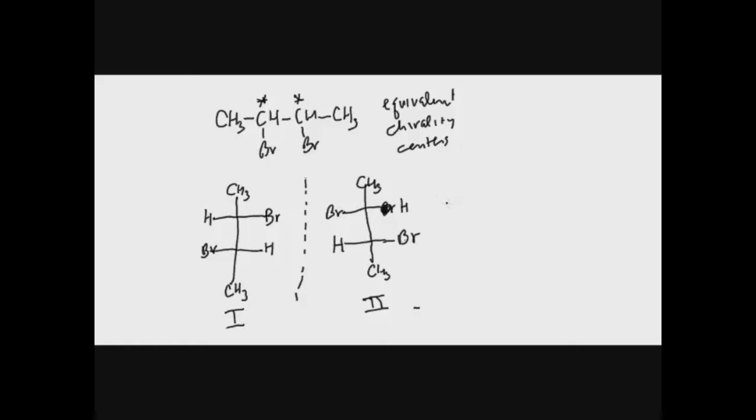We're going to find a third stereoisomer. Let's keep the configuration of the chirality center at the top the same, but we'll change the configuration of the second chirality center by interchanging the bromine and the hydrogen.